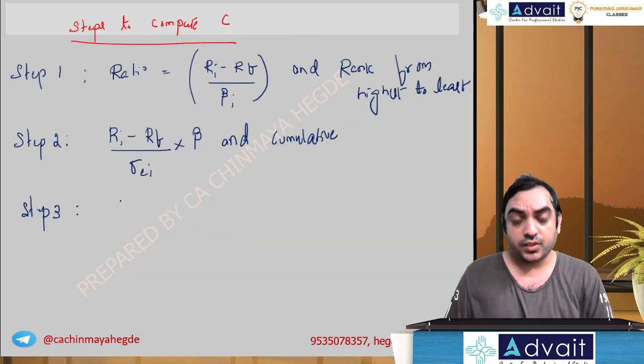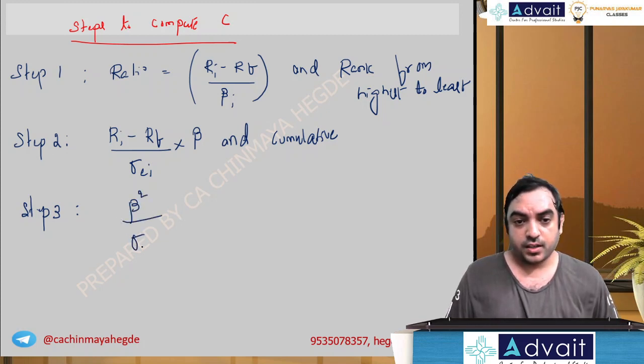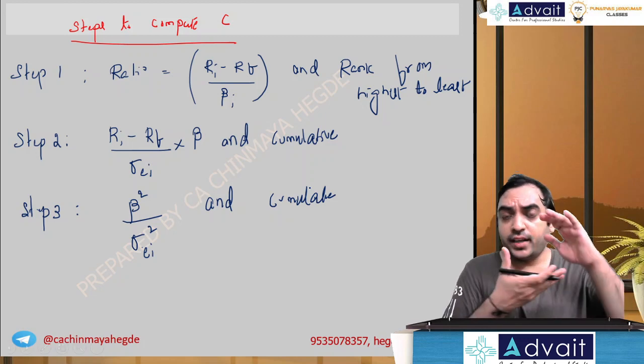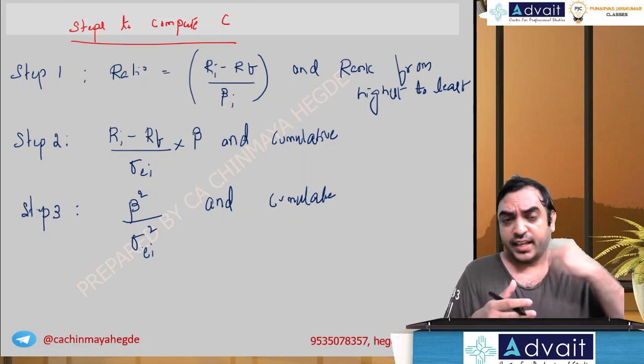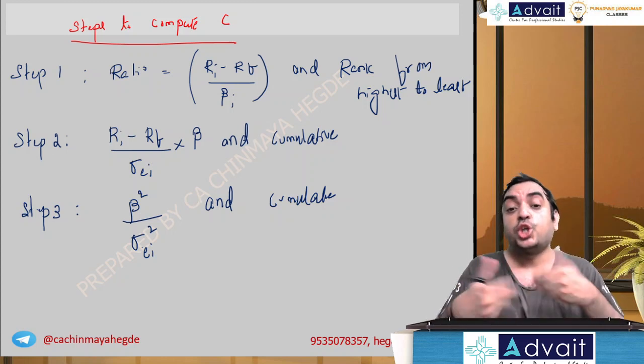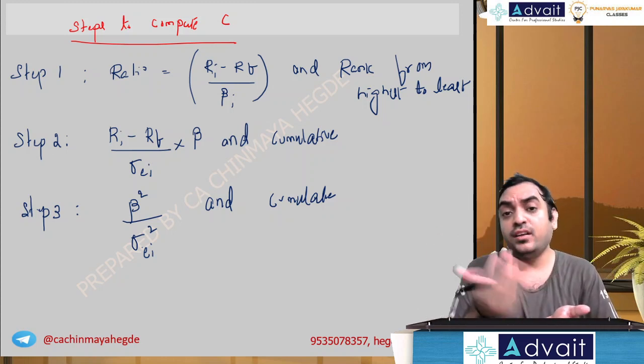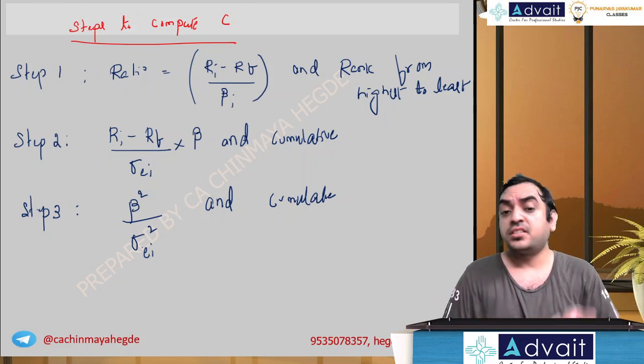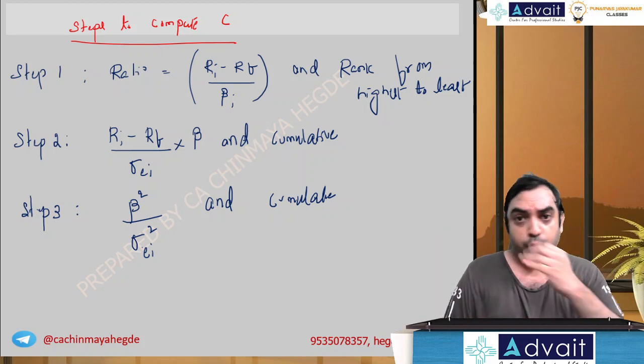So you calculate beta square divided by sigma square ei, and cumulative. At every step I calculate this, then for the next security I keep adding. I calculate, next security I add. I keep adding one security to another security. Then I get the cumulative of these things.